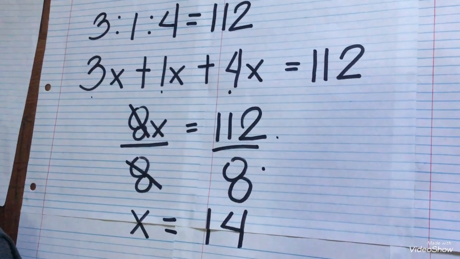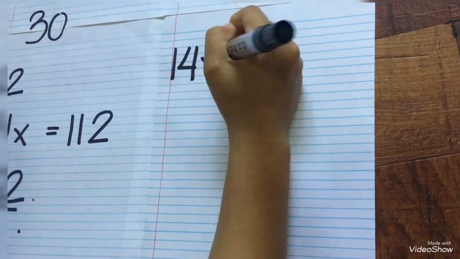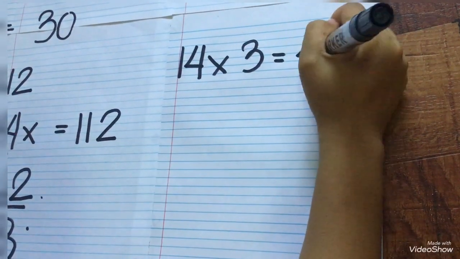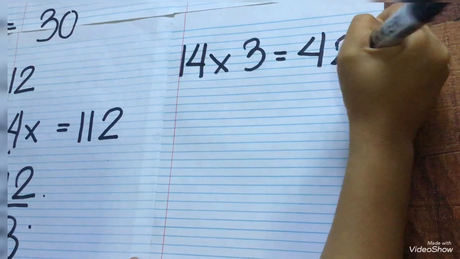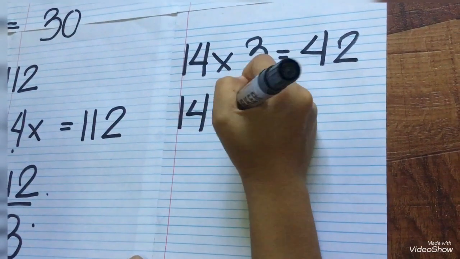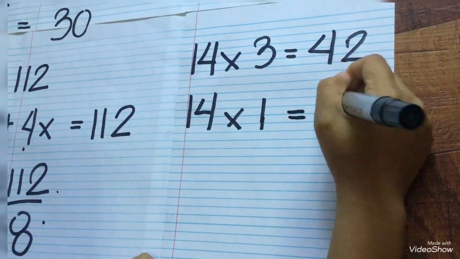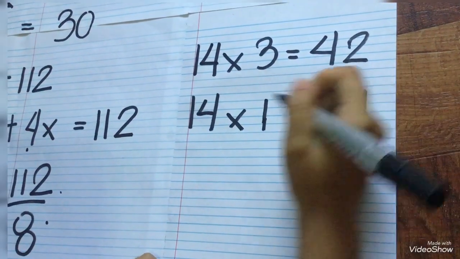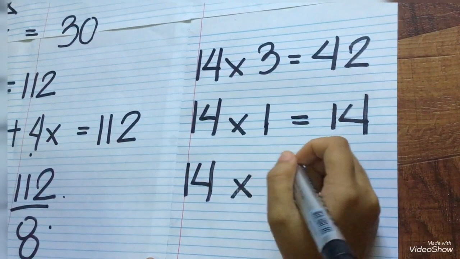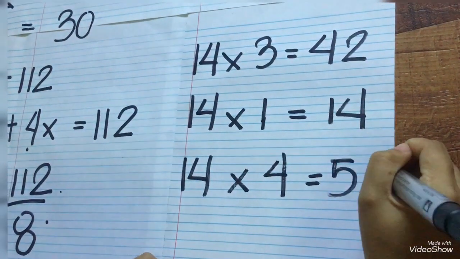We are going to multiply 14 in each number in the ratio. 14 times 3 is equal to 42. 14 times 1 is equal to 14. 14 times 4 is equal to 56.